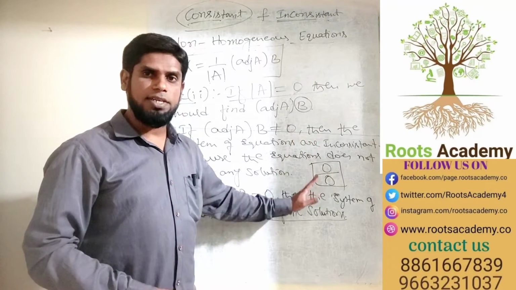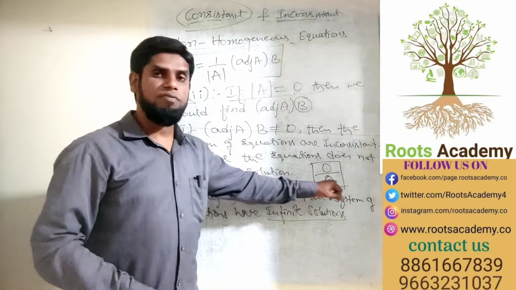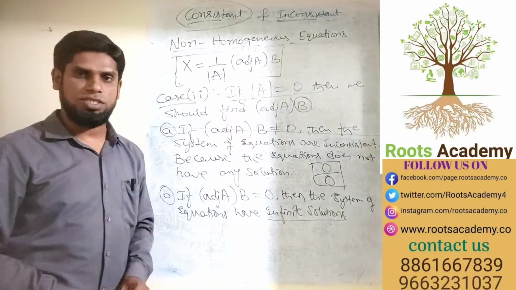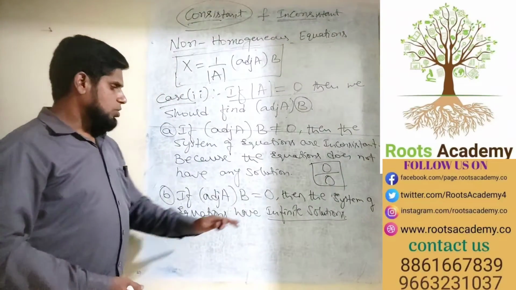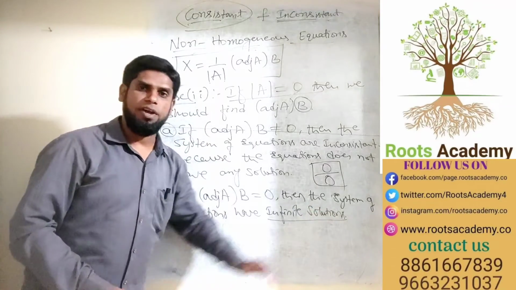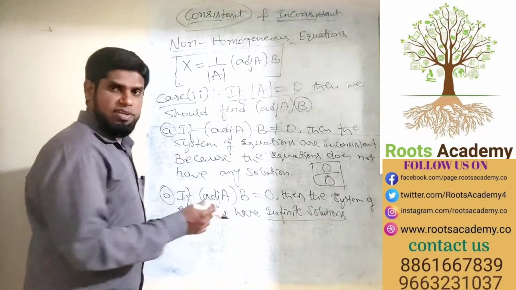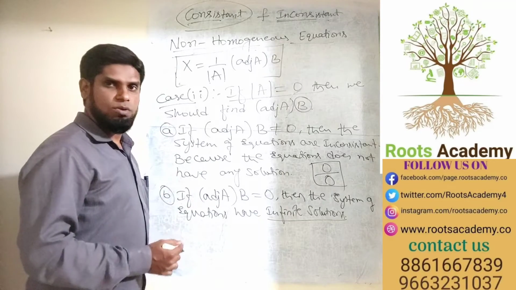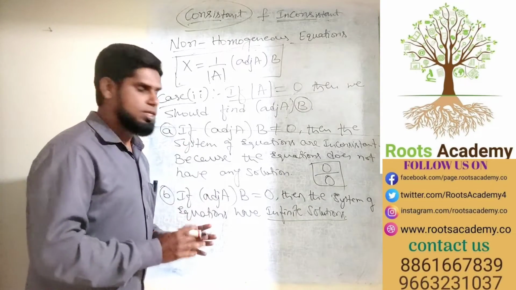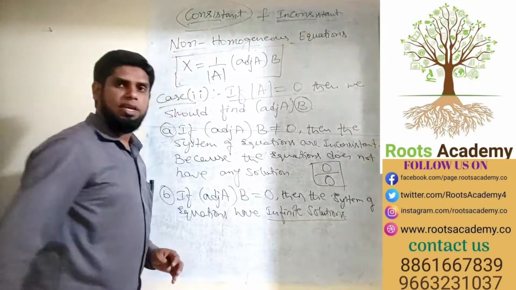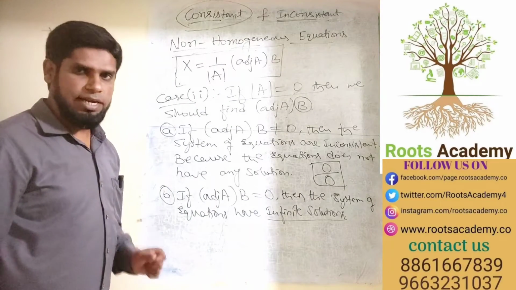Why do we call it indeterminate? Because it gives an infinite number of solutions. So here it is infinite solutions. The moment we say it has an infinite number of solutions, we can declare that the given equations are consistent.